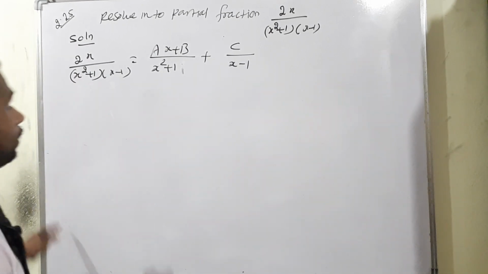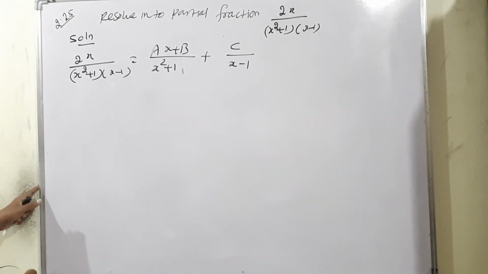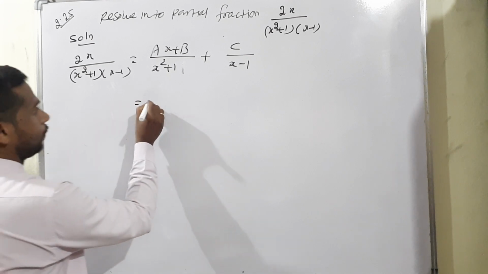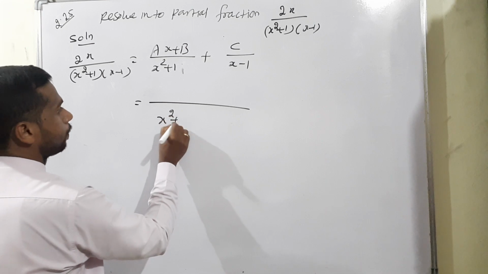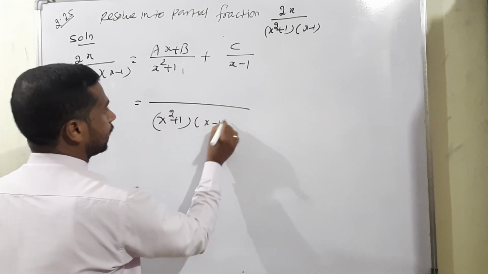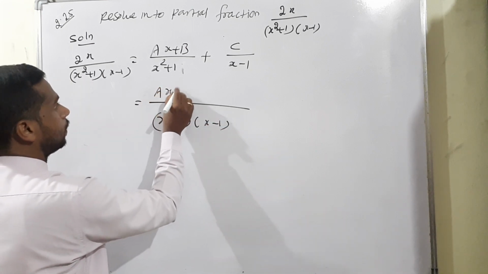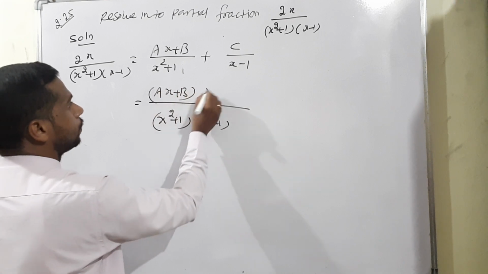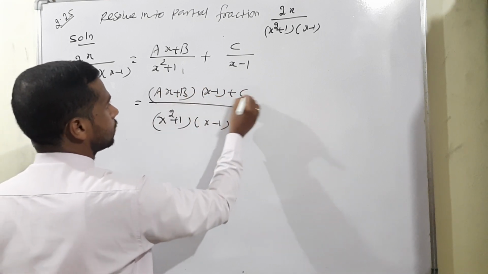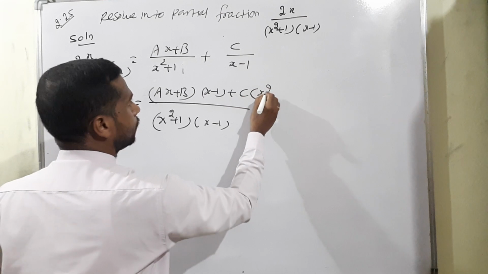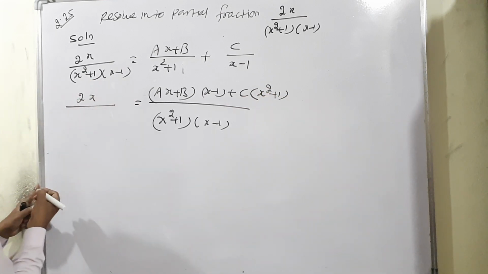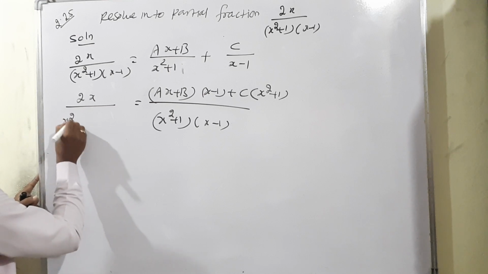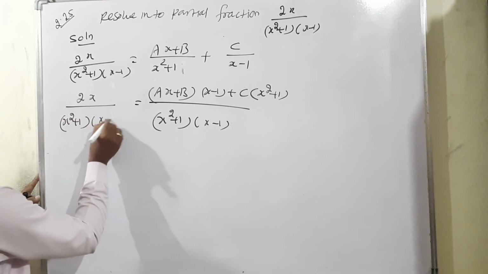So the condition ax plus b divided by x square plus 1. Then what do we have to do with the same condition? Take the common LCM, so x square plus 1 into x minus 1. Then ax plus b into x minus 1 plus c into x square plus 1, that term will be equal to 2x divided by x square plus 1 into x minus 1.